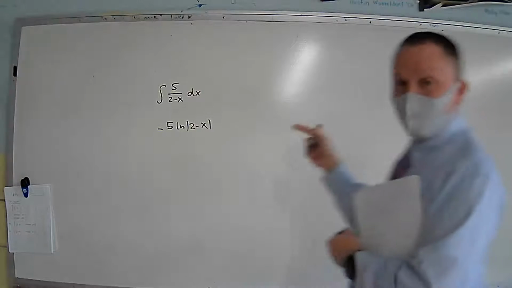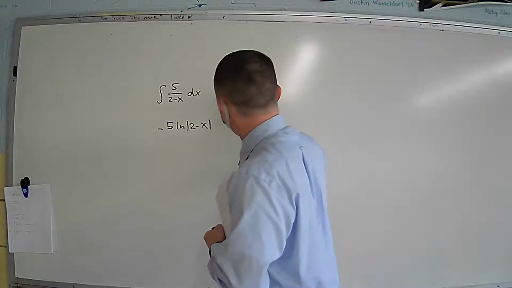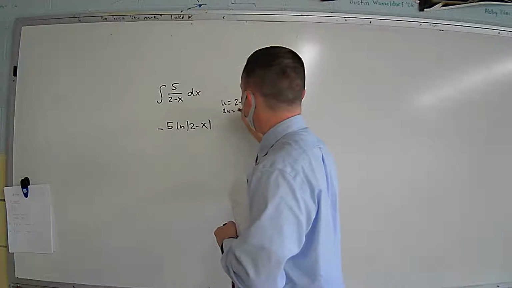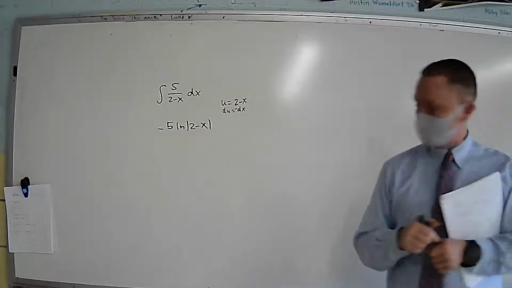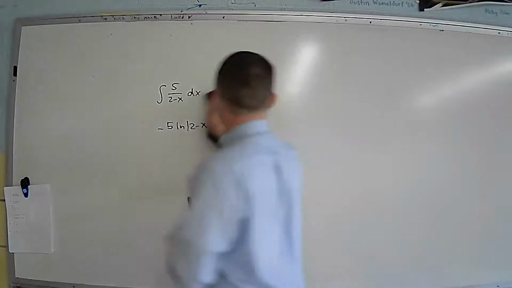Because what happened there was you did a little u-sub. U is 2 minus x, then du is negative 1 dx. Okay? So that's that. Next one, you get a positive 1/6 and a negative 1/6. The negative is over x plus 3.